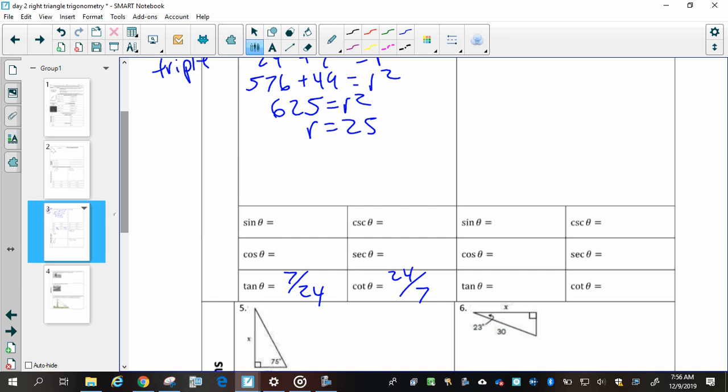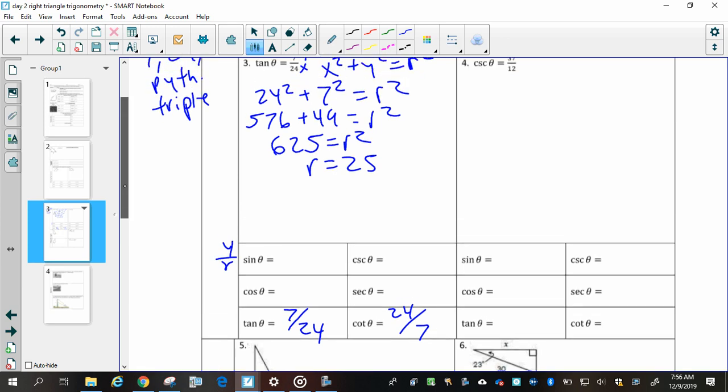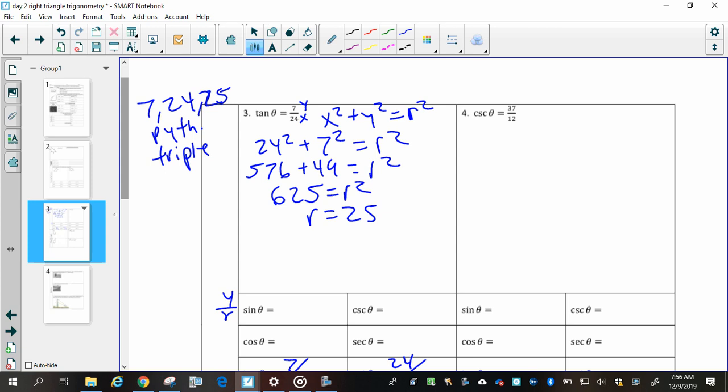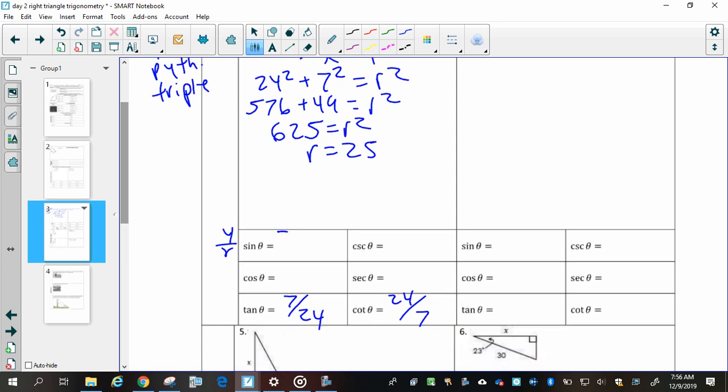What is the x, r, y definition for sine? Not x over r. Y over r. So that would be 7 over 25. Which would make cosecant 25 over 7. And then cosine is x over r. So 24 over 25. And then the reciprocal.